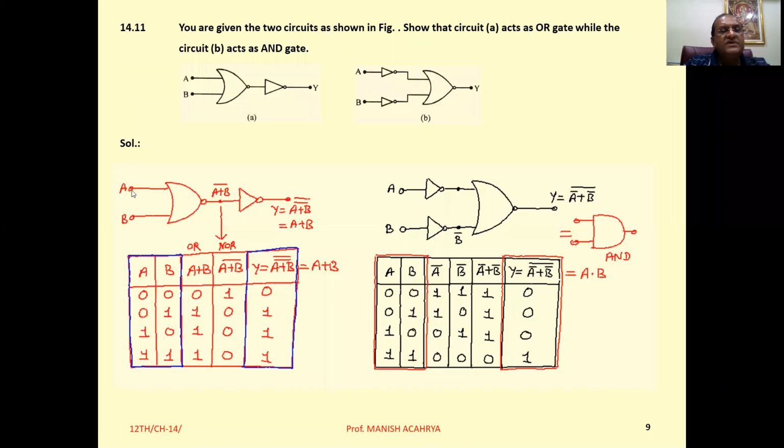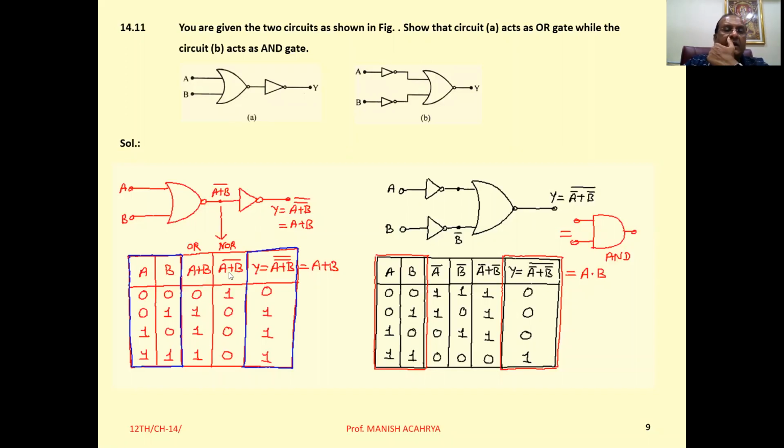So suppose first we think about the inputs A, B. The combinations are 0 0, 0 1, 1 0, 1 1. Then in NOR gate first is OR. So take the output of OR. That is 0, 1, 1, 1. Then it is followed by NOT.